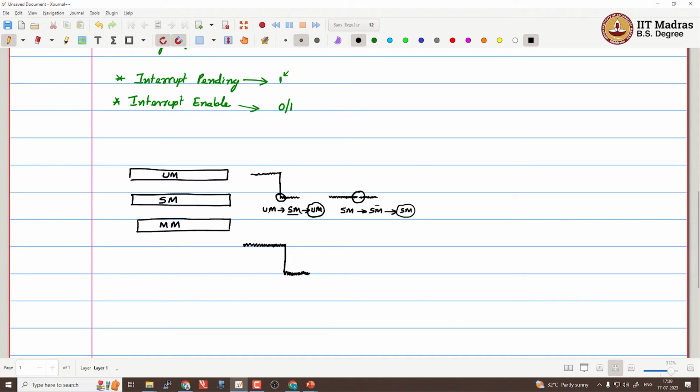The kernel would execute the keyboard device driver and read the key that was pressed, and at the end of it, it would go back to the user mode, and the process would continue executing. Here I will just change the color. I will call this the keyboard driver.